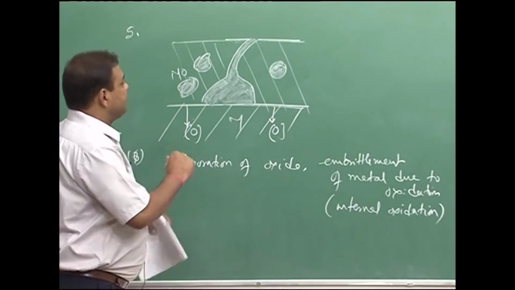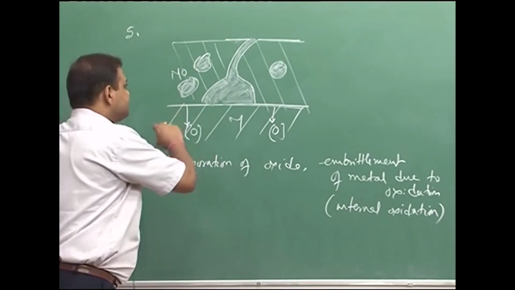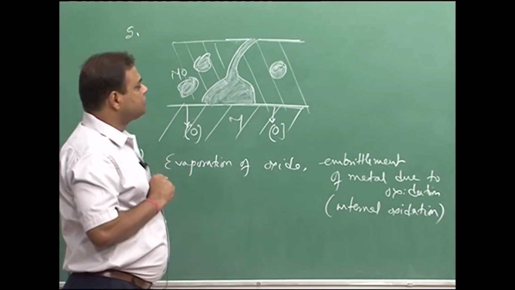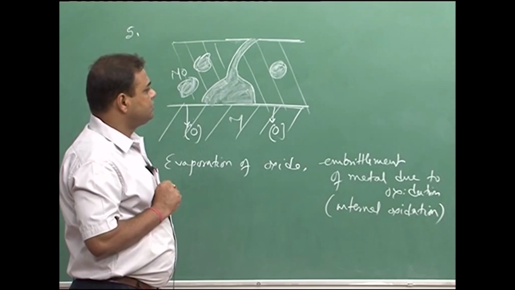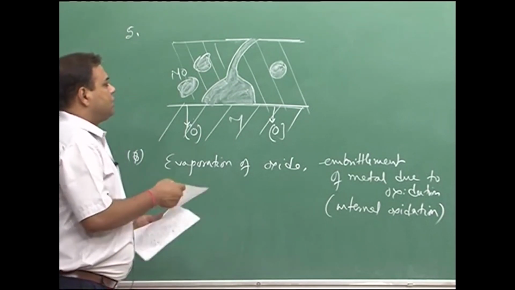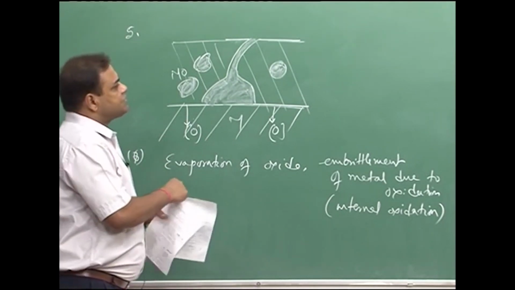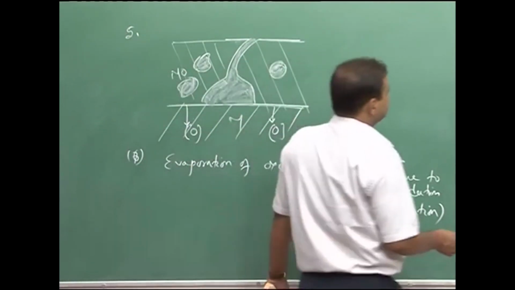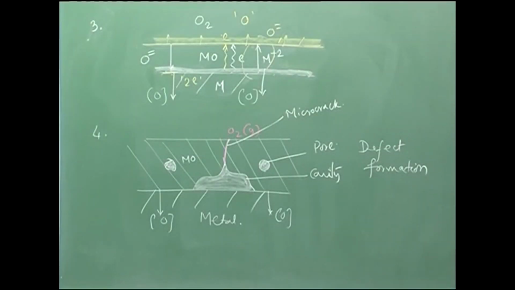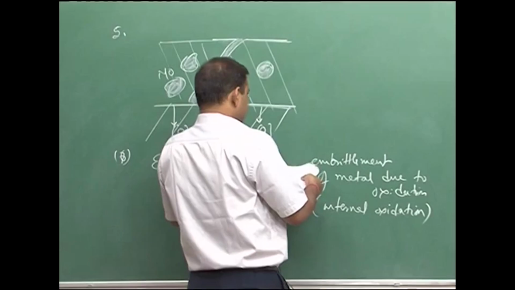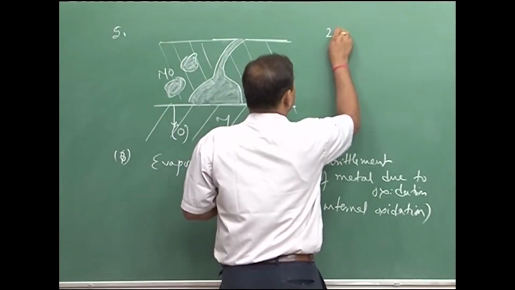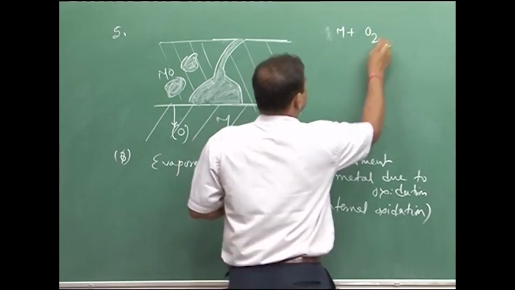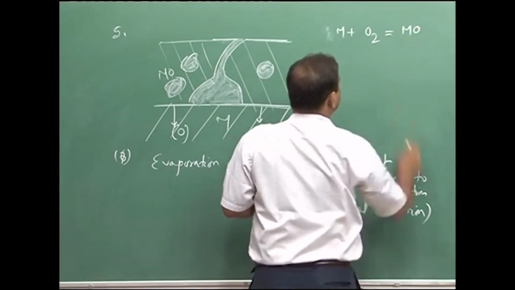Now, these are the steps or events which can happen during metal oxidation. Now, let us see what reactions are possible. One reaction we have seen is the metal reacting with oxygen, forming metal oxide.